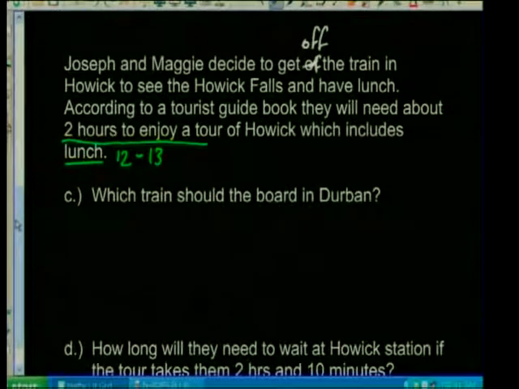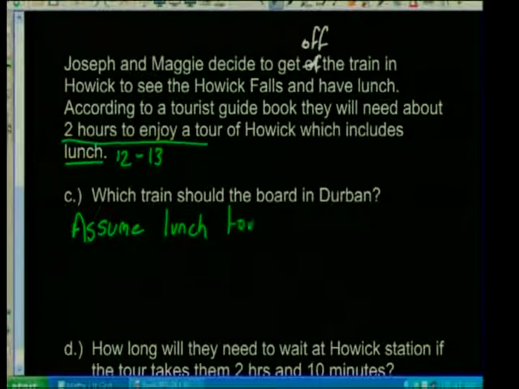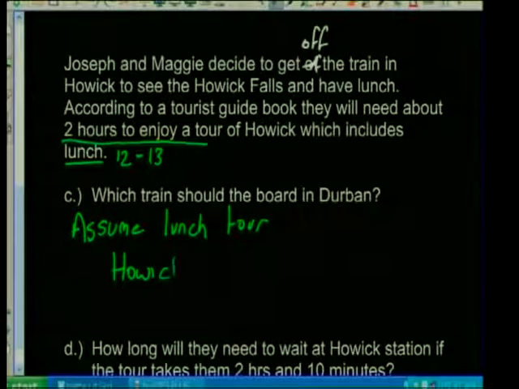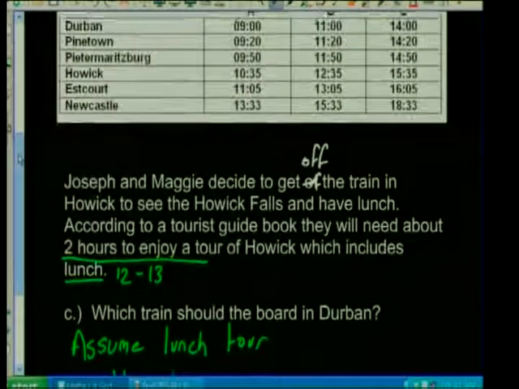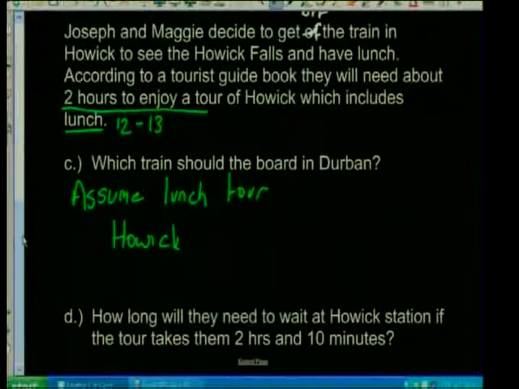I'm going to assume that we're going to have lunch and then the tour. But you could do it the other way around. You could say the tour and then lunch. So I need to get to Howick at about lunchtime, somewhere between 12 and 1.